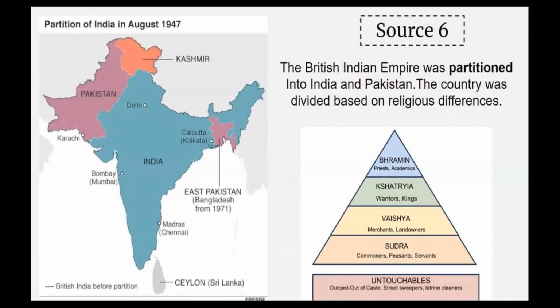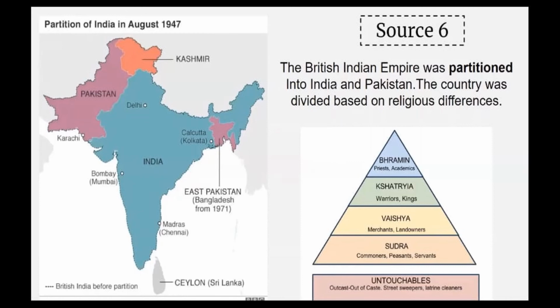West Pakistan is the region to the south of India, right? Kashmir के जो left hand side में, if you can see, that is West Pakistan, and East Pakistan was the region where it is Kolkata, right? Kolkata के side में जो right hand side में, if you can see that small region is East Pakistan, and this division was done based on religion, right?